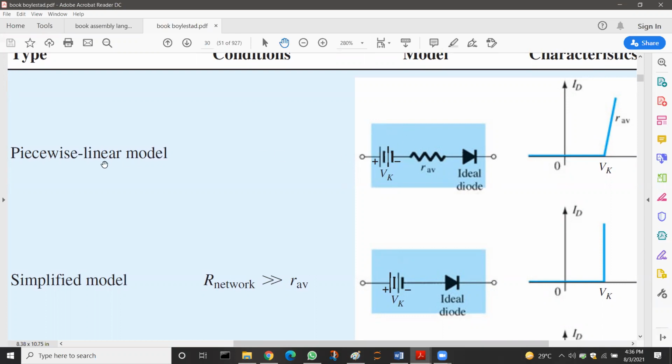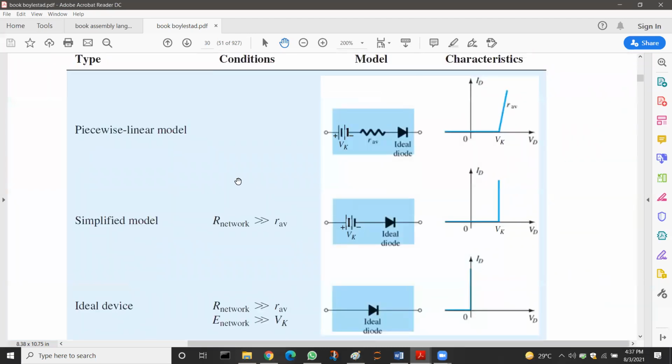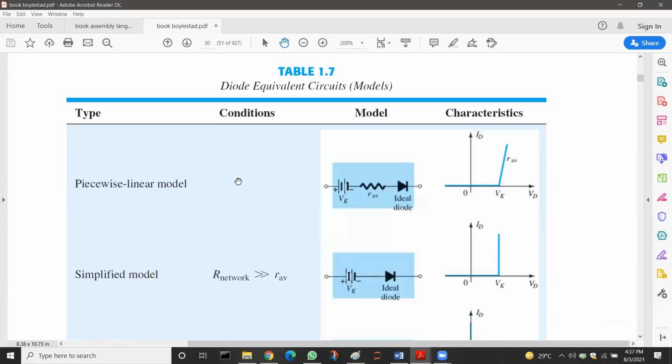So in the piecewise linear model, which is mostly used in practical applications, and also for simulation of different circuits, a voltage source, a resistance and a switch are used in series in the diode model. So these are primarily the diode equivalent circuits which are mentioned in this book.